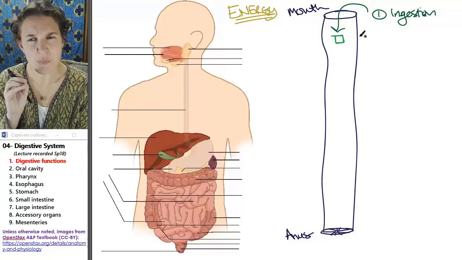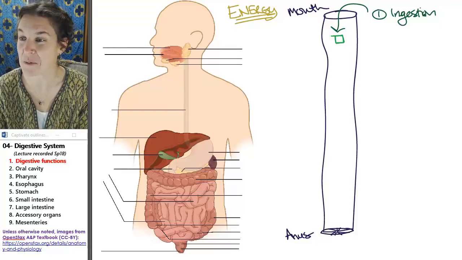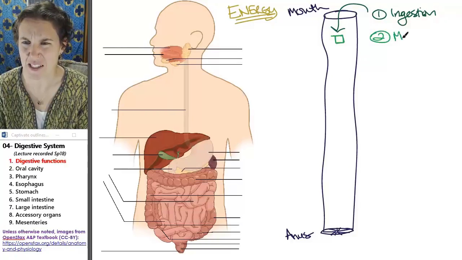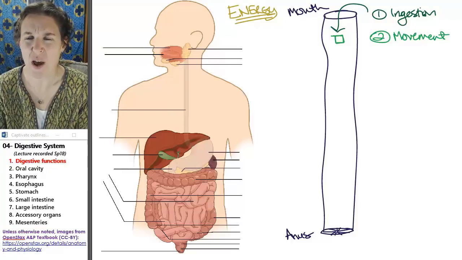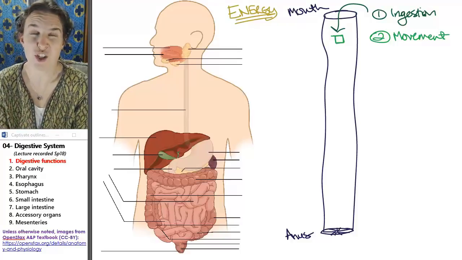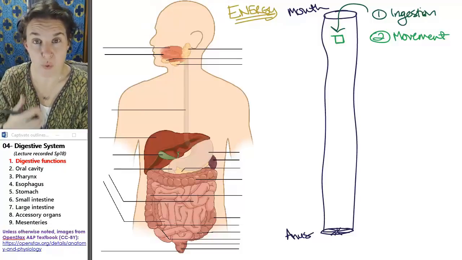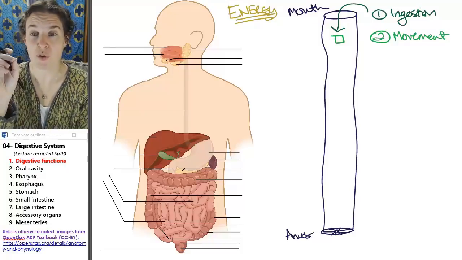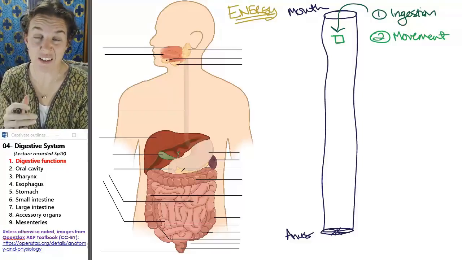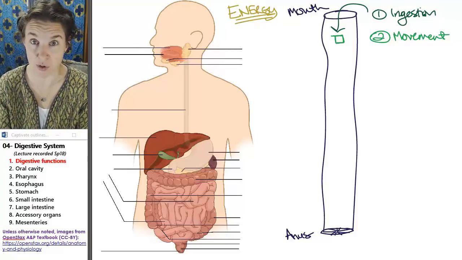Interestingly, it doesn't stay in your mouth. That may seem super obvious, but a second function of the digestive system is movement. So there are structures in the digestive system that are set up just to move stuff through the tube, to move it from the mouth to the anus. Anything that you leave in your tube is going to come out the anus.